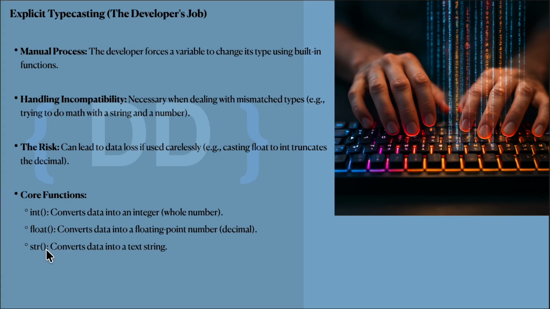You simply type the function name and place the value you want to convert right inside the parentheses. For example, if I need to convert a string into an integer, I would simply write int, and in the parentheses, I would write the string that I want to convert. For example, a string with the value 5 in double quotes. Anything in quotes is a string.